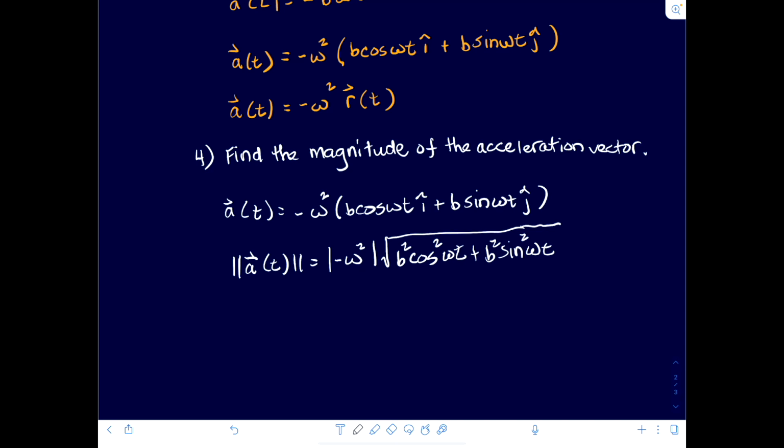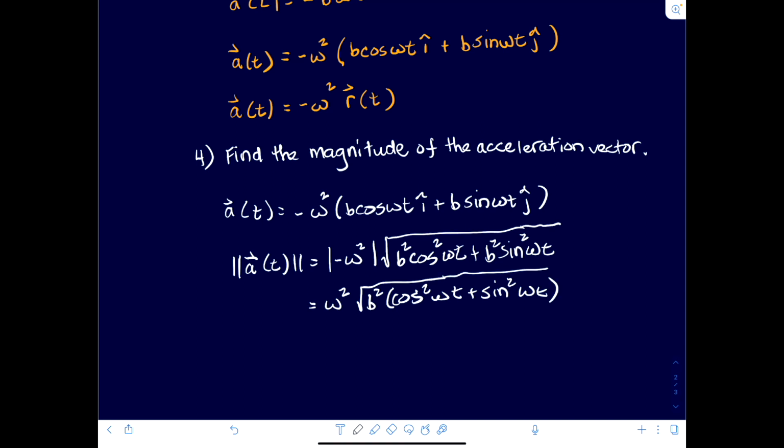So this will end up being omega squared times the square root of b squared times the quantity cosine squared omega t plus sine squared omega t.